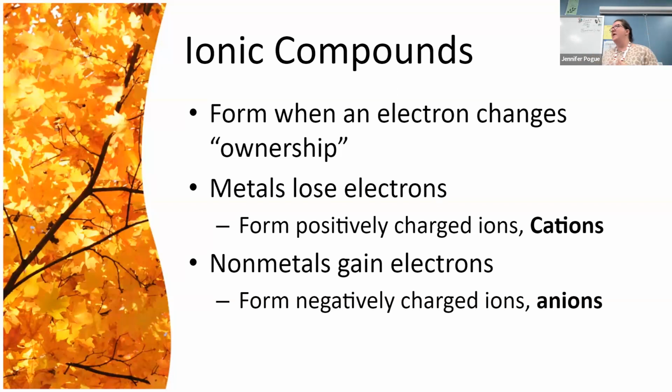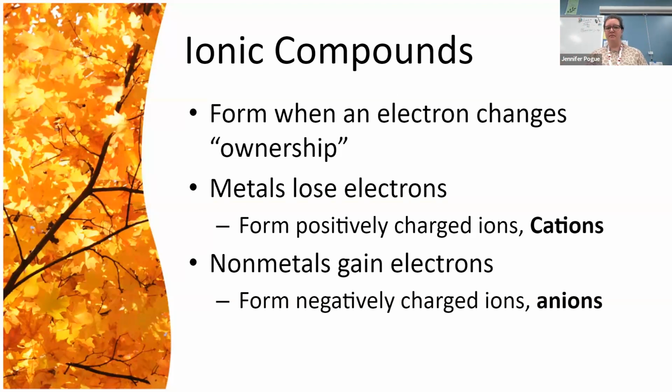Okay. When the nonmetals take electrons, they are going to form a negatively charged ion called an anion. Now, the goal of moving these electrons around is a complete octet. We want to have a full valence energy level.